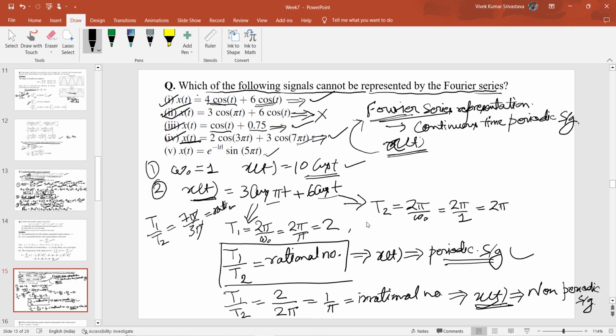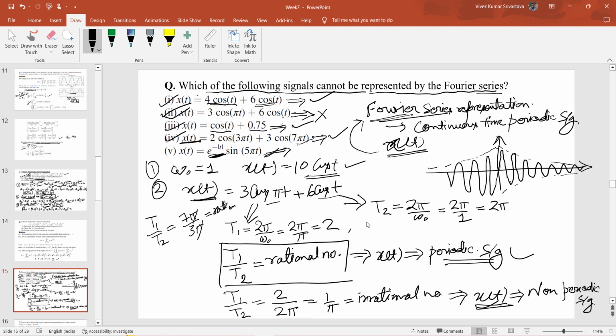But for the fifth signal, once you plot it, you will get this kind of signal which is decaying in nature.